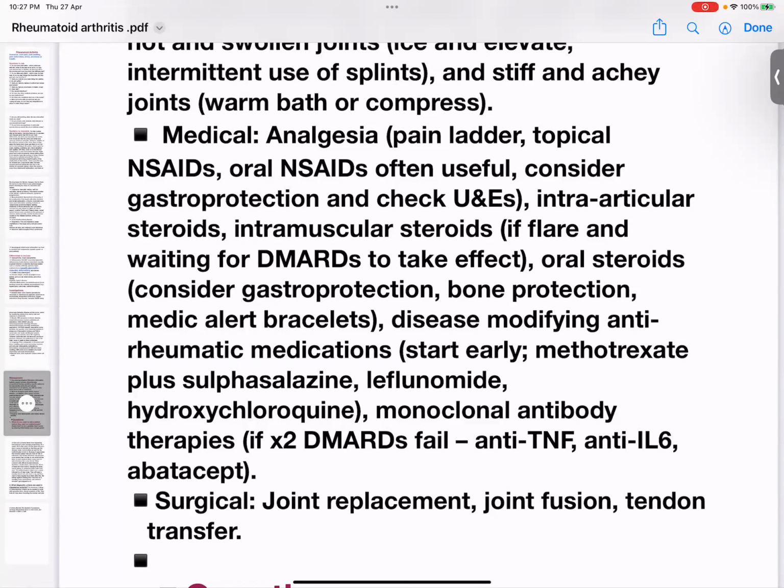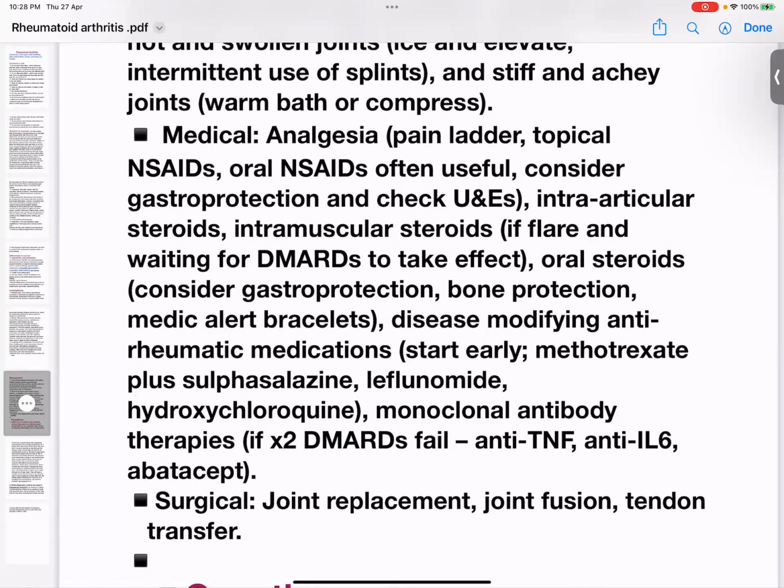Oral steroids: think about gastroprotection, bone protection, side effects of steroid, and use of medical alert bracelets. Disease-modifying anti-rheumatic medication, start early with methotrexate. Usually in those patients, we use a steroid with caution, and it's preferable to start with DMARDs.